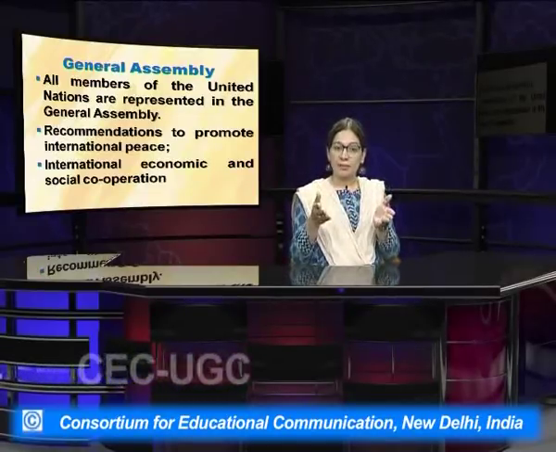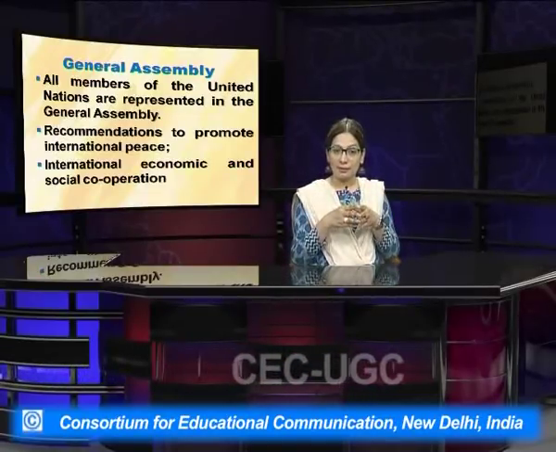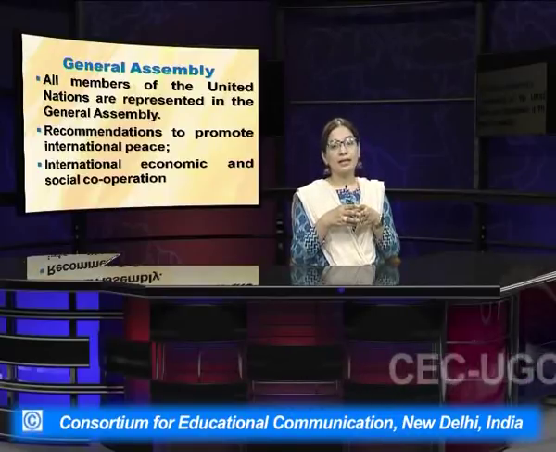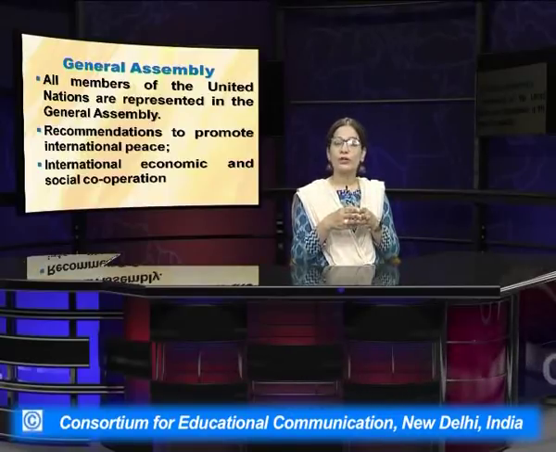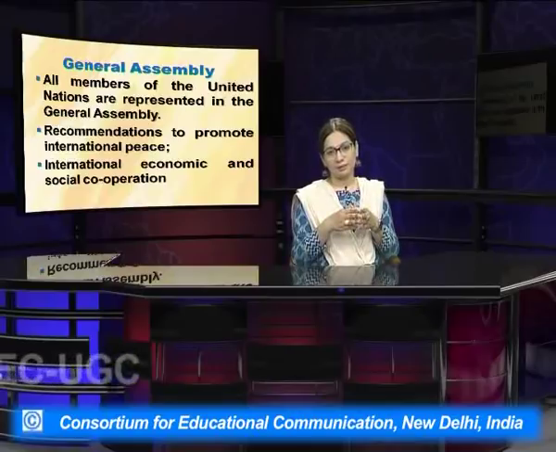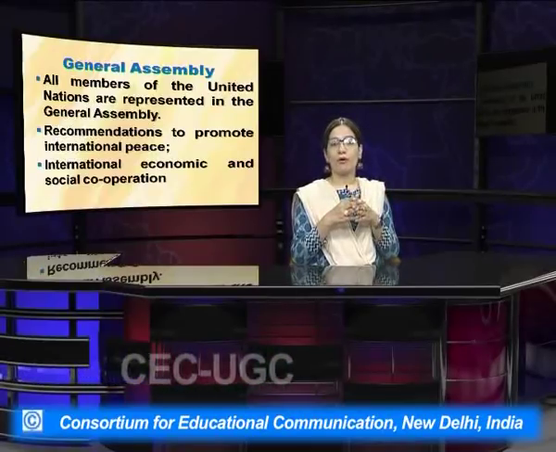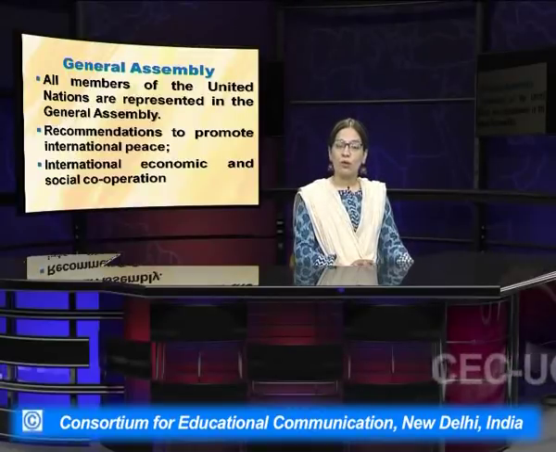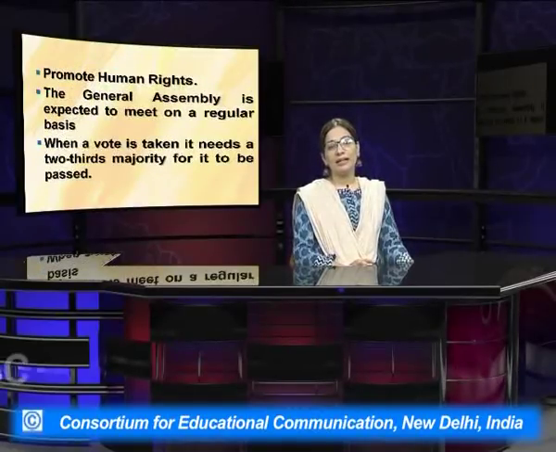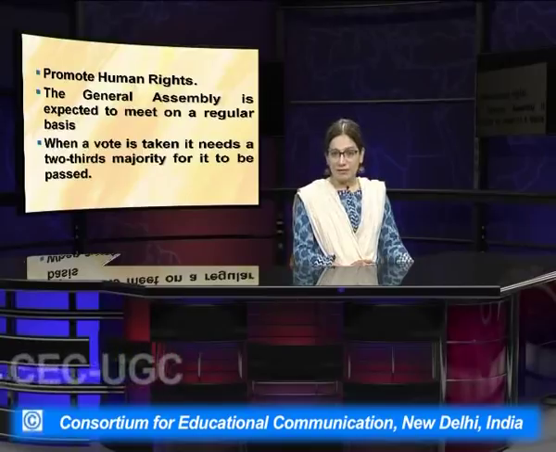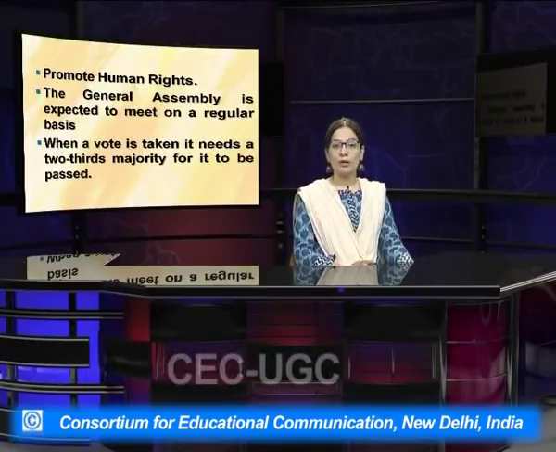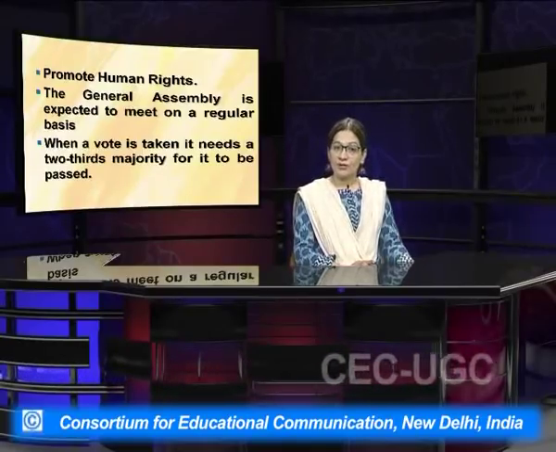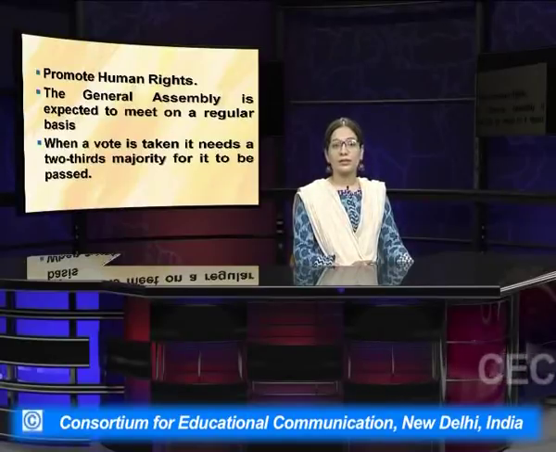The General Assembly periodically has the power to make recommendations to promote international peace. It strives for international economic and social cooperation. The General Assembly makes an effort to promote human rights. It is expected to meet on a regular basis.